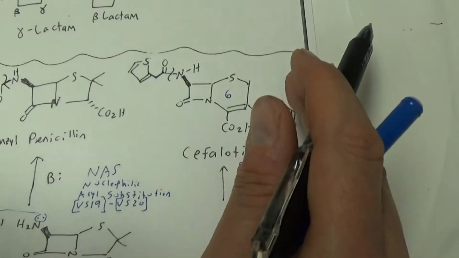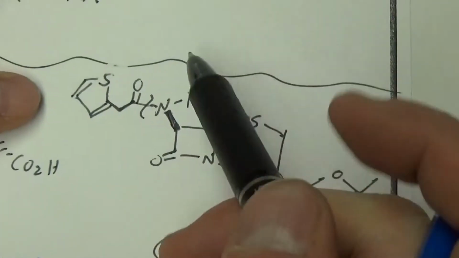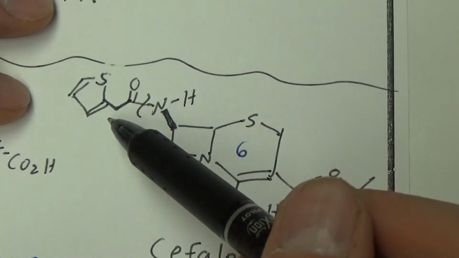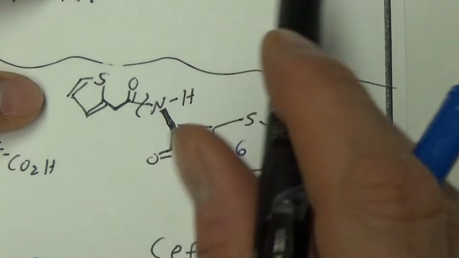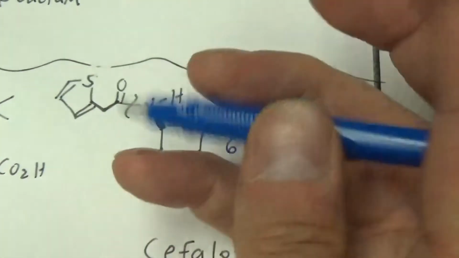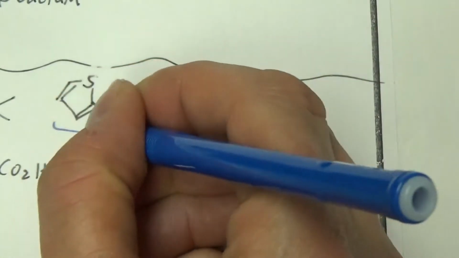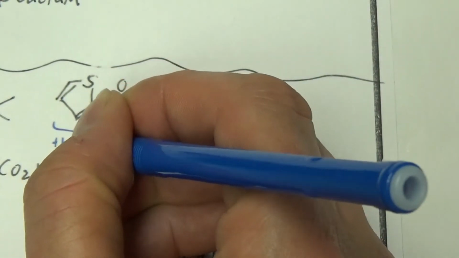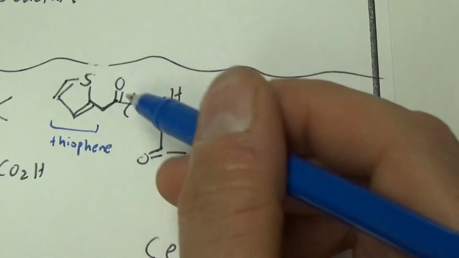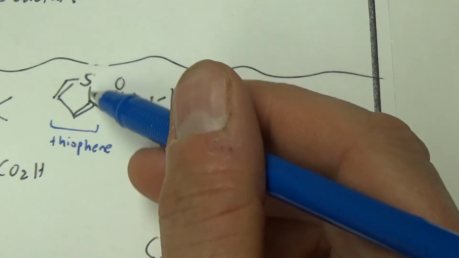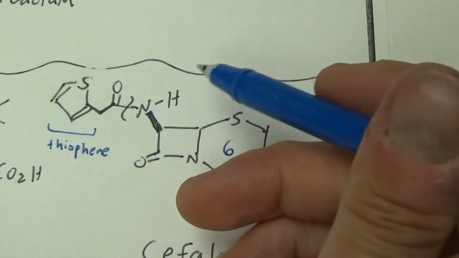Oh yeah, and what was this thing called? This little funny thing is a thiophene. It's a heterocycle, so it's a ring with a heteroatom like sulfur. That's a very common one.